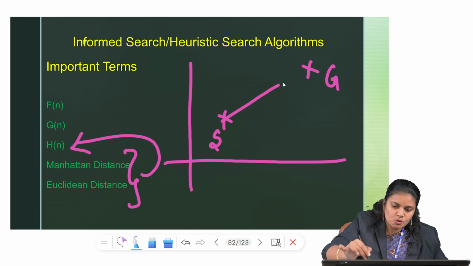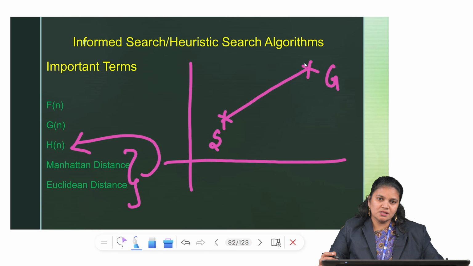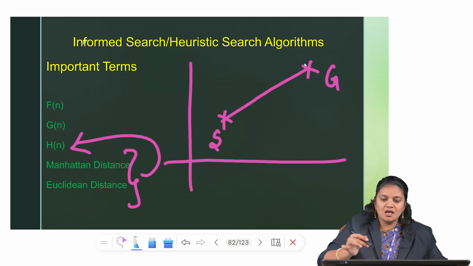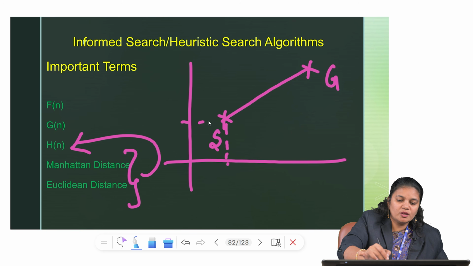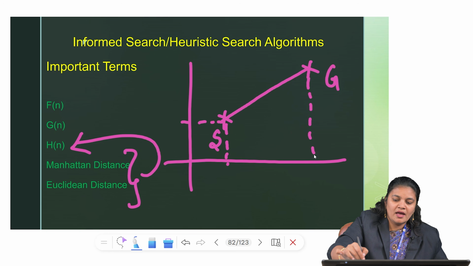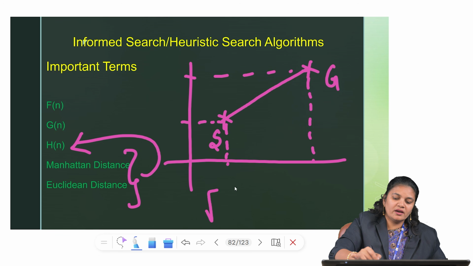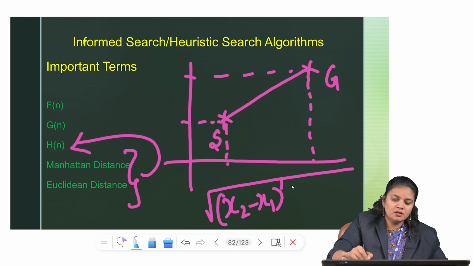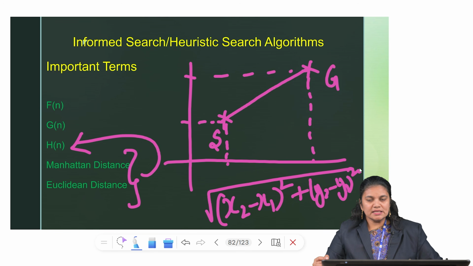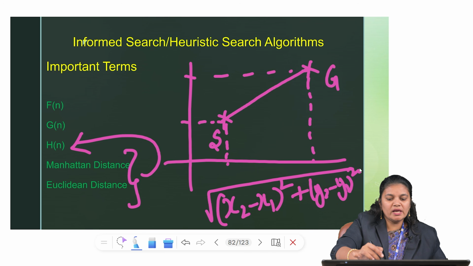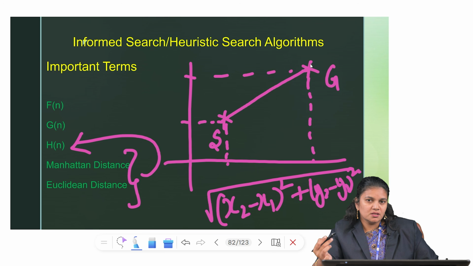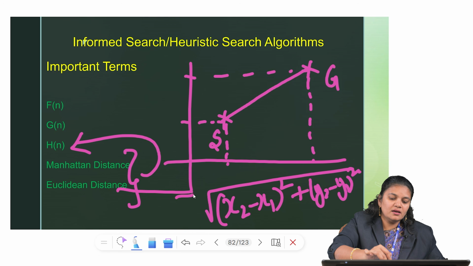One way is to find out the distance between these 2 points by using the common Euclidean distance. We will mention this point with x1, y1, x2, y2. So this Euclidean distance we used to get with the common formula, the square root of (x2 minus x1) the whole square plus (y2 minus y1) the whole square. So using this we can get the distance between these 2 points. So this is called Euclidean distance.